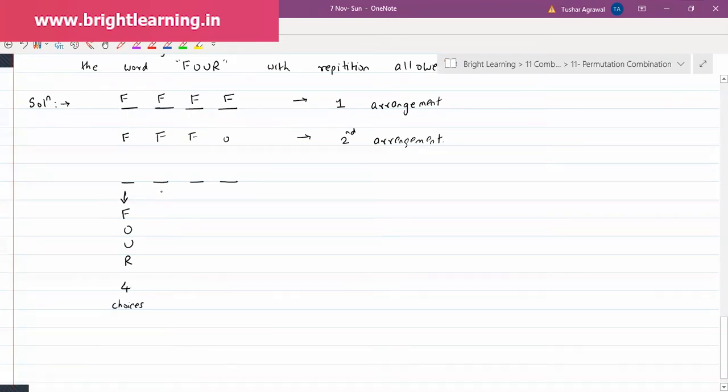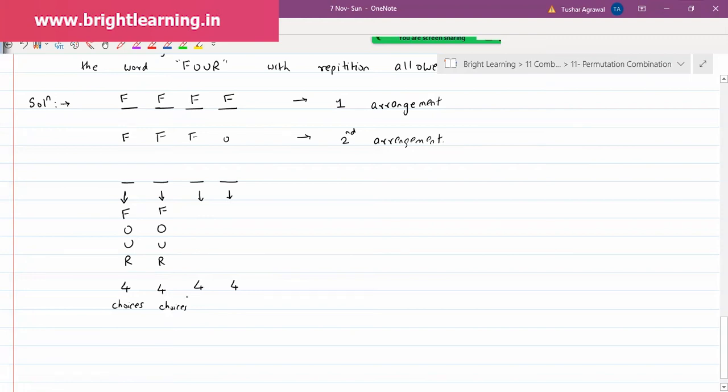At the second position, again it can be F. Don't think that because F is there, at the second position F cannot occur. Again it can be F, O, U, R. So again 4 choices. Third position, again 4 choices. Fourth position, again 4 choices.